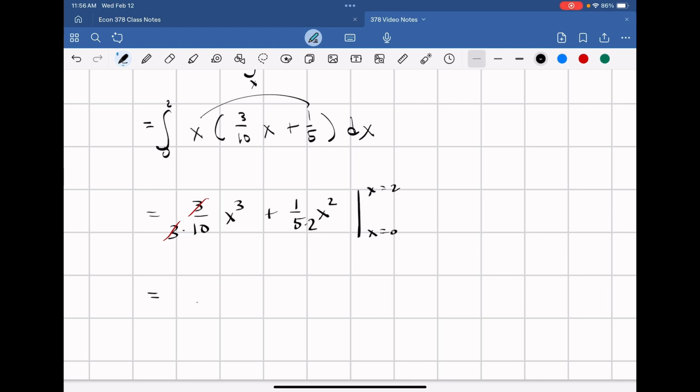And so we'll get 2 cubed, which is 8/10, plus 2 squared over 10, which is 4/10. And so this is equal to 12/10, or 6/5, or 1.2.